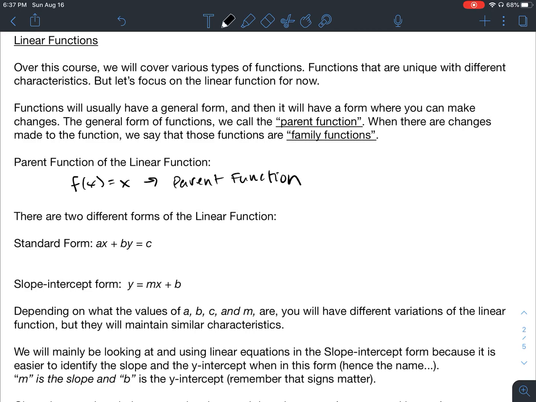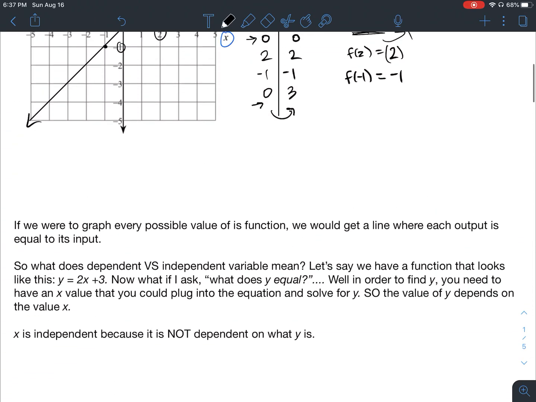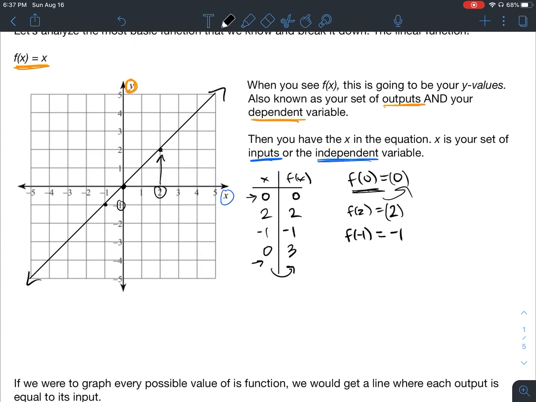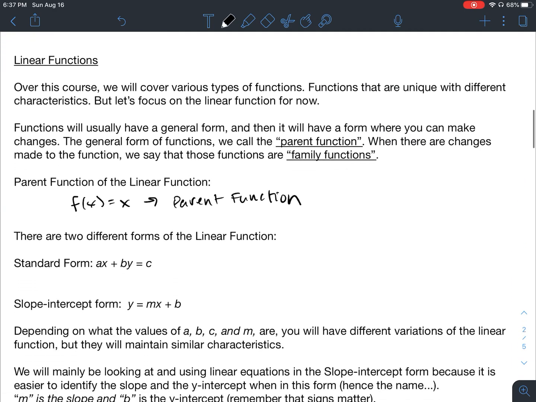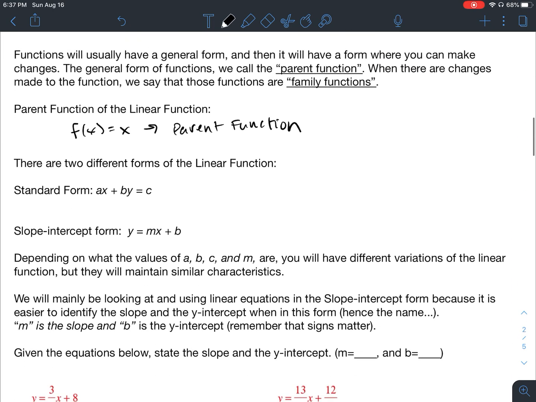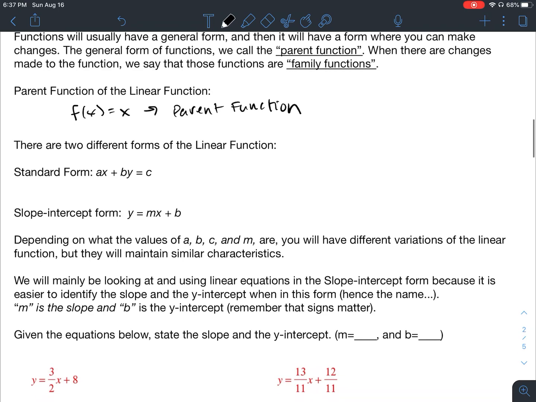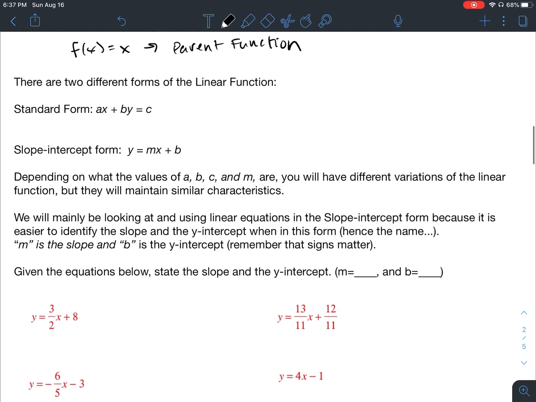Now you can make changes, or we call them transformations, to the functions, right? We can move this linear function up and down, left and right. We can also change it so that the line isn't going directly at a 45-degree angle. It can be going steeper or it can be going more shallow. So we call those transformations, and whenever there's a transformation, we call those functions family functions.